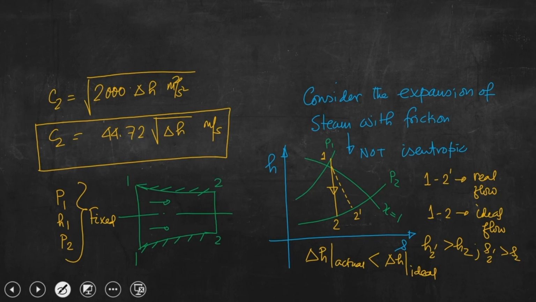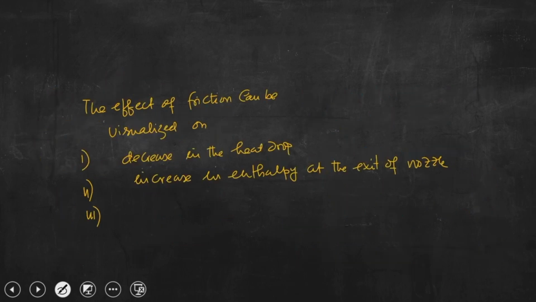So, the effect of friction can be visualized in the decrease in the heat drop, the increase in enthalpy at the exit of the nozzle, and similarly the increase in entropy at the exit of the nozzle.